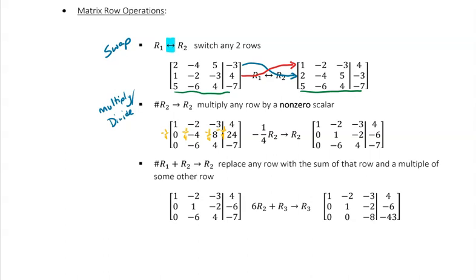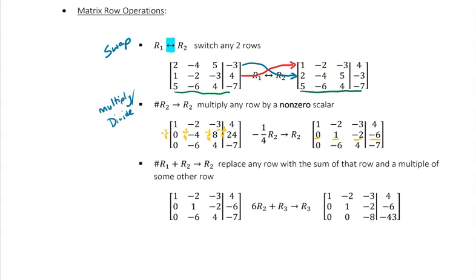So 0 times -1/4 is 0. -1/4 times -4 gets us 1. -1/4 times 8 is -2. And -1/4 times 24 is -6.